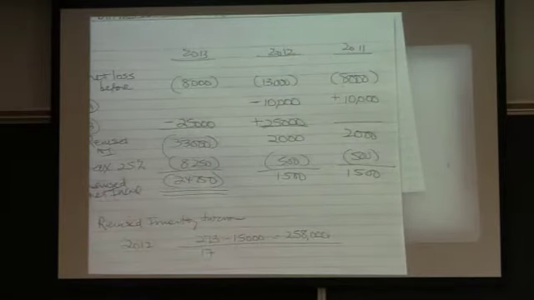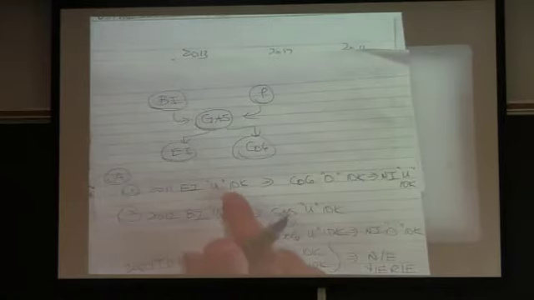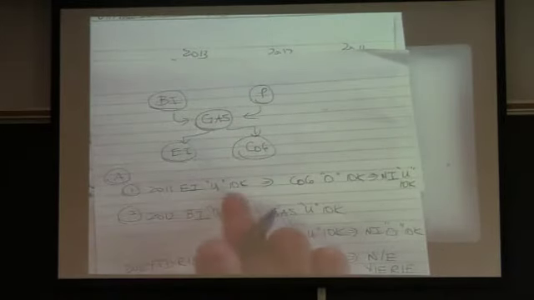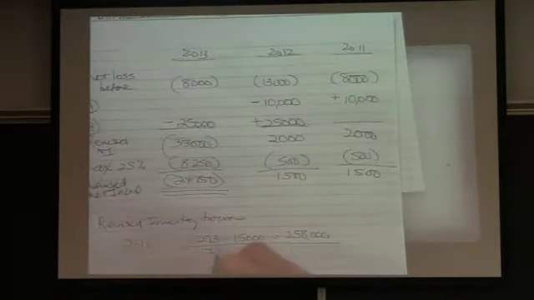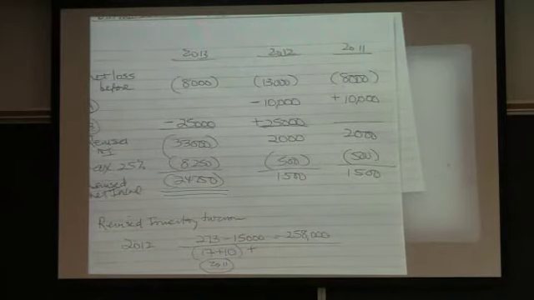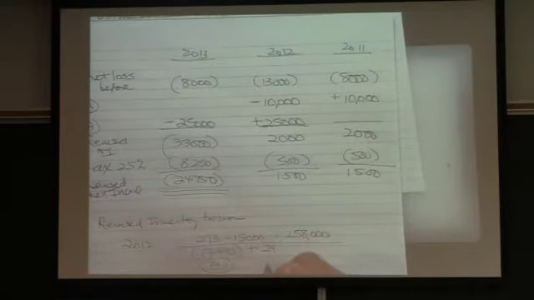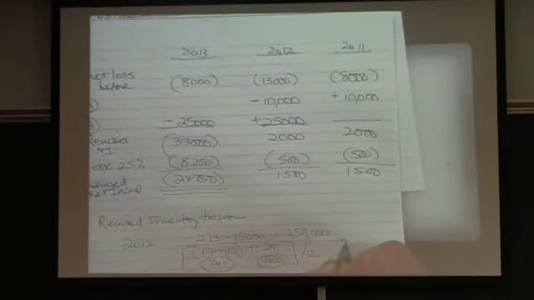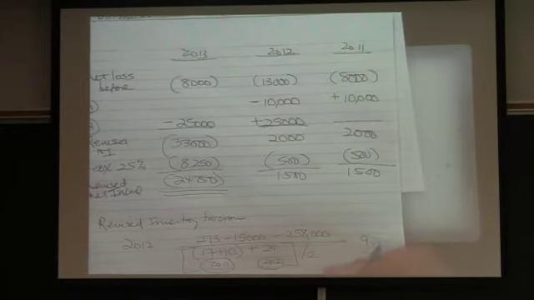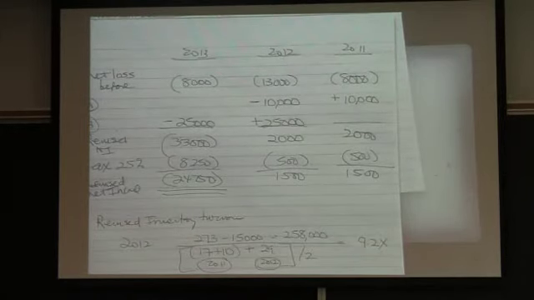And 2011 ending inventory is understated, so we need to add a 10 to that one. This is for 2011, plus the 2012 inventory, there was no effect on that one. There was no change. So the average of these inventory divided by 2 gives me 9.2 times. So we went from 11.9 times to 9.2 times.